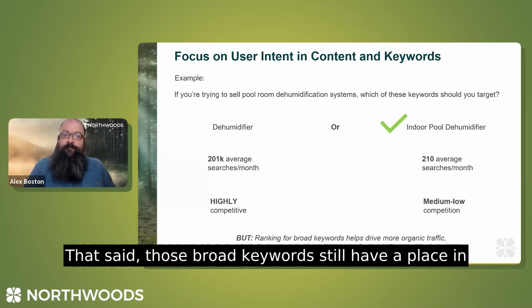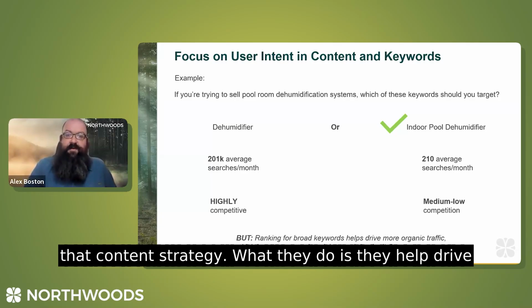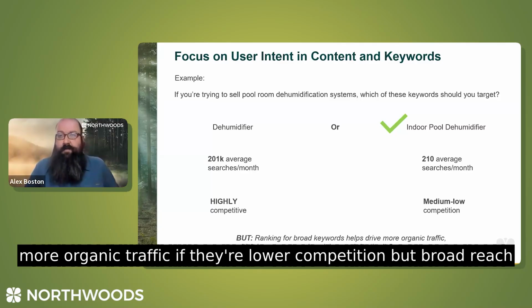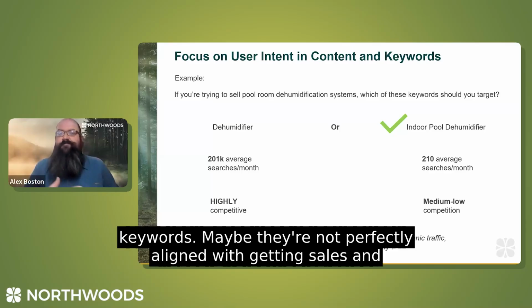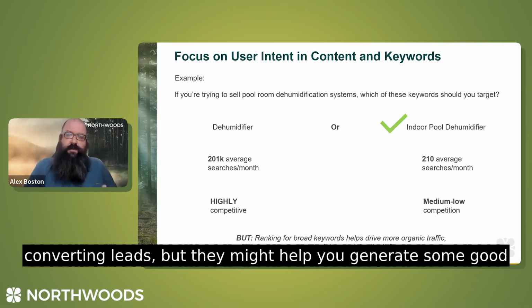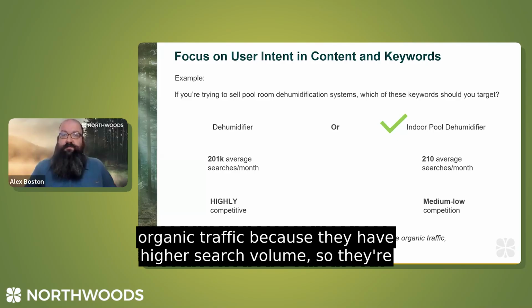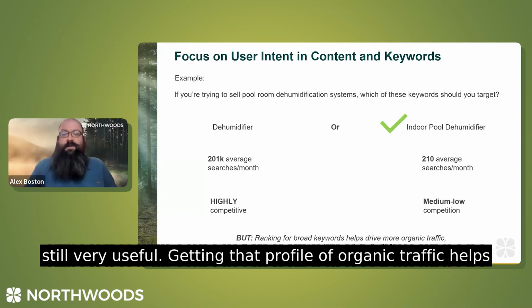That said, those broad keywords still have a place in that content strategy. What they do is they help drive more organic traffic, even if they're broad reach keywords. Maybe they're not perfectly aligned with getting sales and converting leads, but they might help you generate some good organic traffic because they have higher search volume. So they're still very useful.